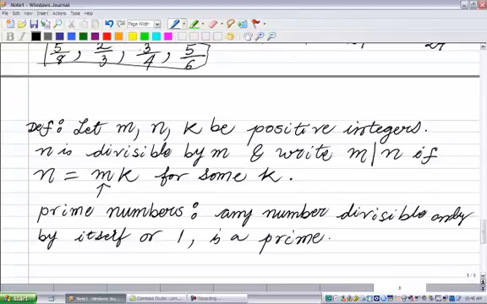The examples of prime numbers are 2, 3, 5, 7, what else? 11, 13, 17, and so on.